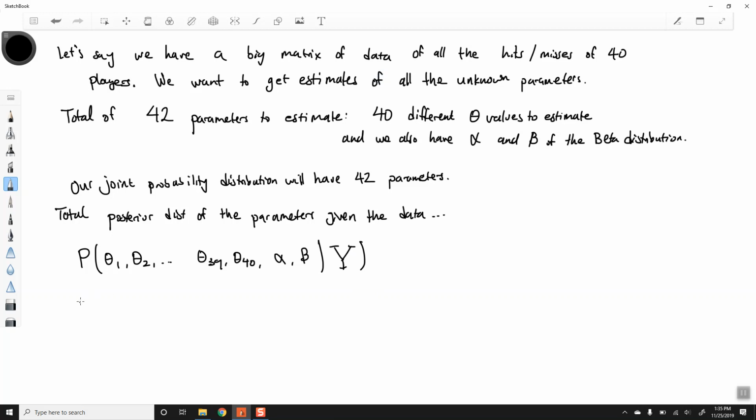Okay, so this is the joint probability of all parameters given our data.